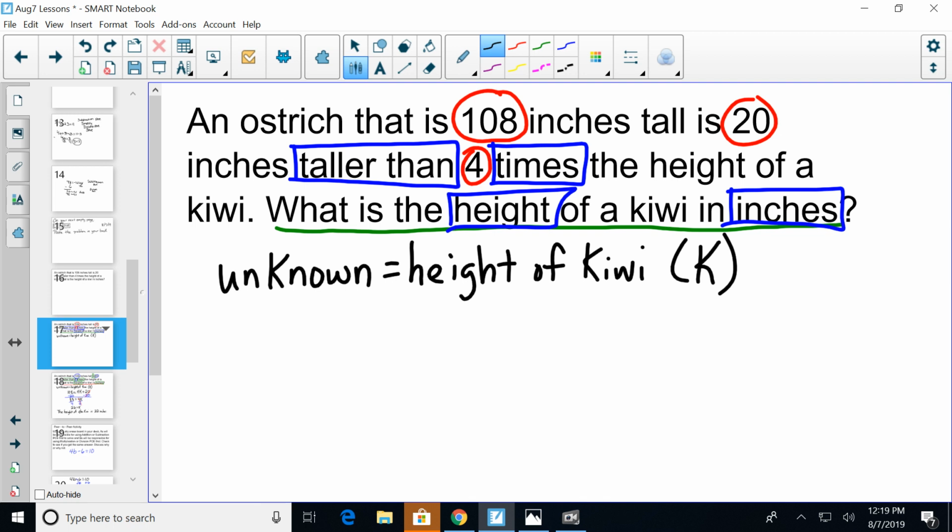So we said 108 is a number that we need. All right, so then what tells me what I have to write next? 20. Plus 20. How do you know you got to write equals? Something had to tell you you needed an equal sign. What told you you needed an equal sign?